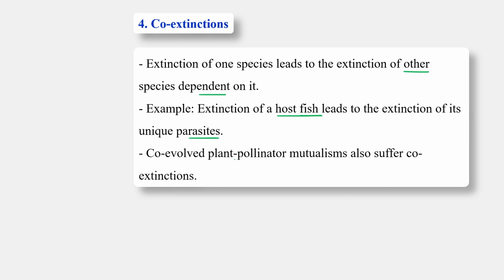Similarly, co-evolved plant-pollinator mutualism also suffers co-extinction. If a single type of insect is mainly responsible for the pollination of a specific type of flower, and that insect gets extinct, that type of flower or plant also gets extinct. So these are certain examples of co-extinction.